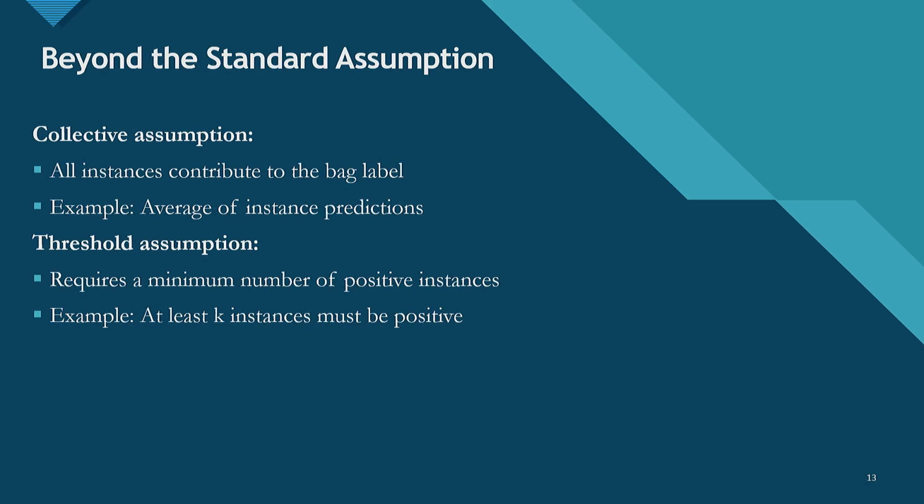And the collective assumption: all instances contribute to the bag level. When we are dealing with whole slide images and multiple instance learning, we calculate the score for each patch, and each patch contributes to the slide level labeling of the images, as an average of instance predictions, and we assign some threshold value for the prediction of positive instances and negative instances.